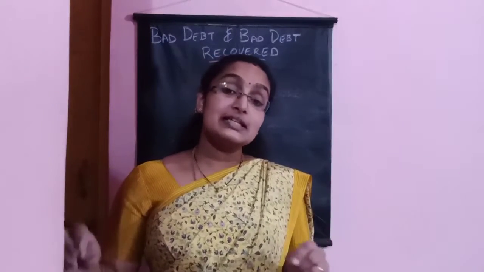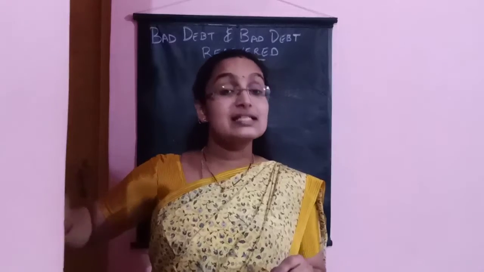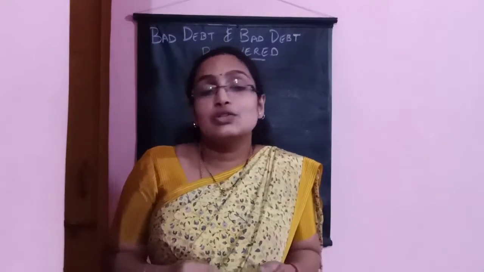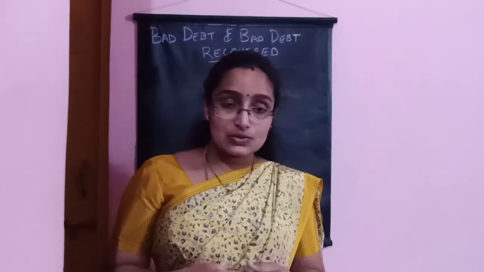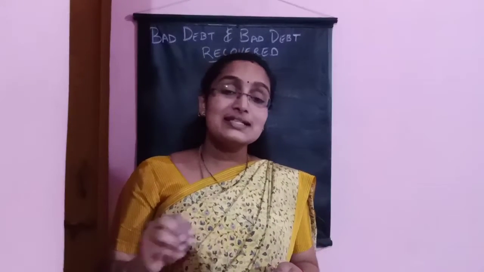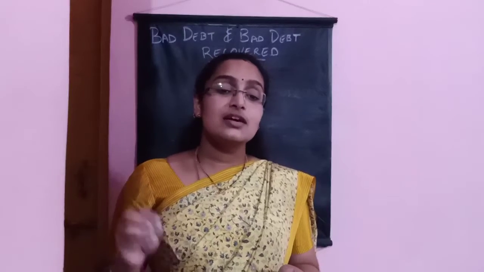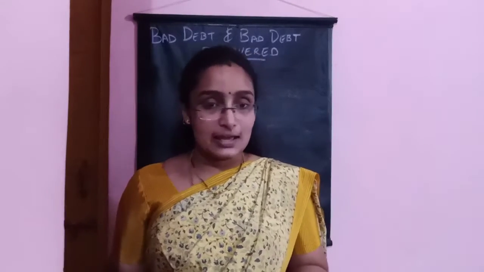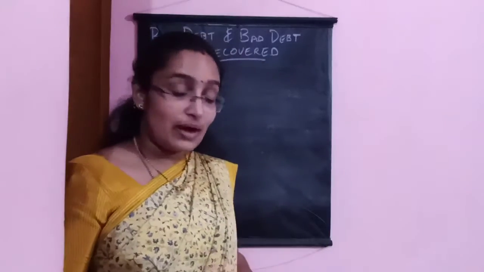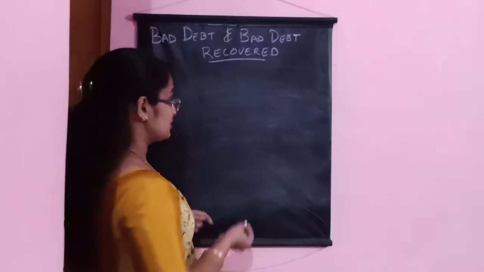So, from the bad debts written off of rupees 20,000, he is now willing to pay us 10,000. So we are receiving 10,000, which was written off earlier in the name of Mr. A. So the transaction will go as cash coming into the business.